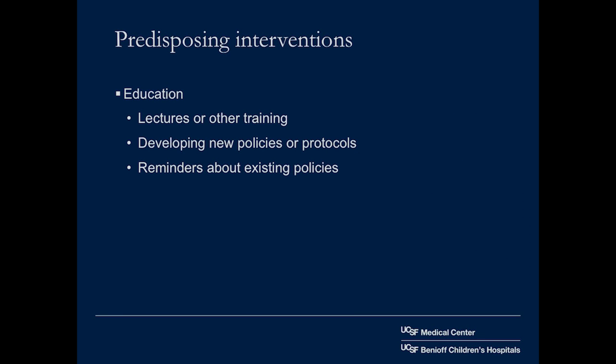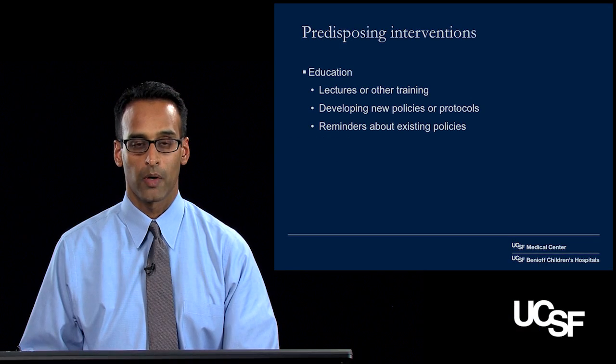Predisposing interventions can almost be thought of as prerequisites. These communicate the knowledge that staff need to understand in order to facilitate the desired behavior change. Of course, in a training environment like UCSF, educational interventions are very important.